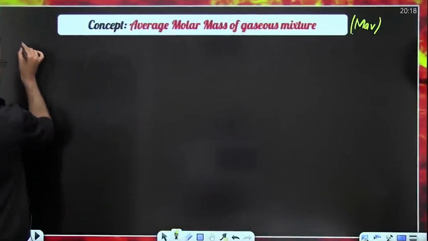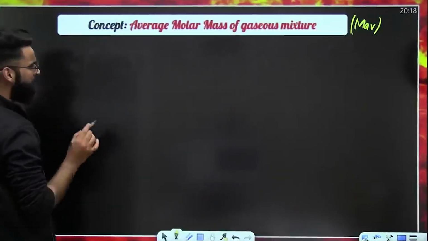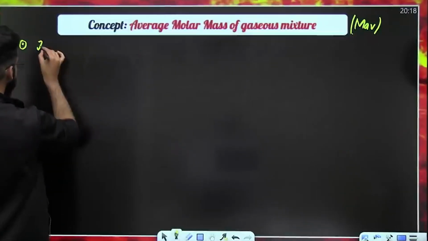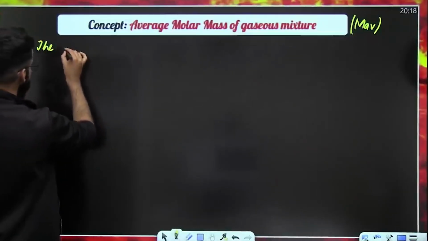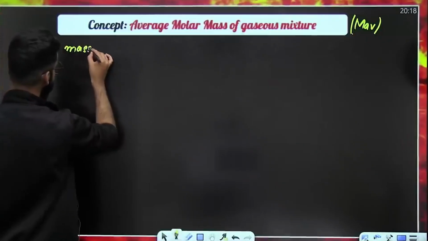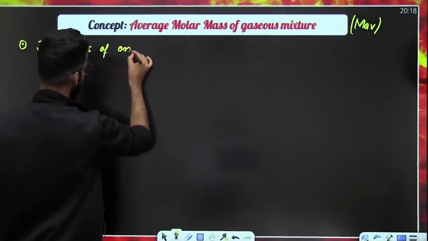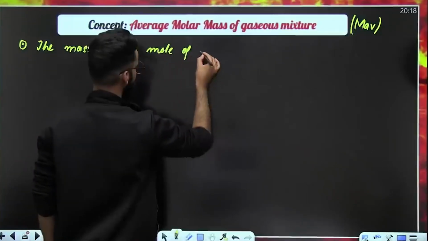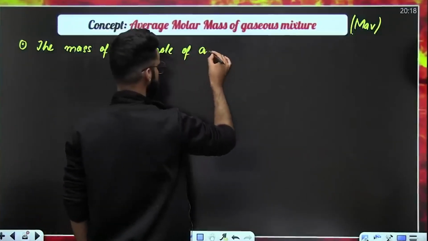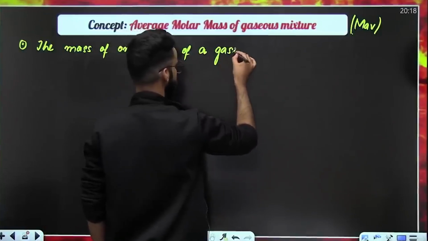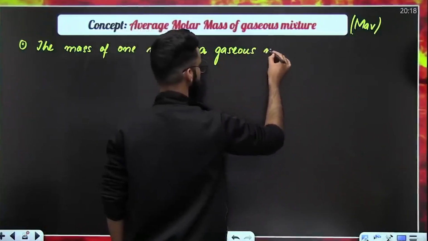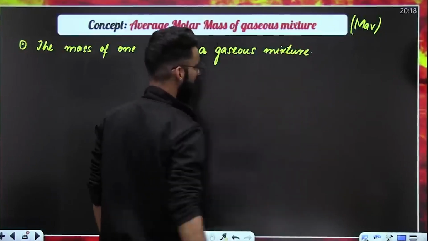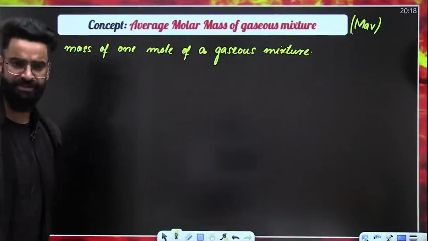My dear students, as per its definition, average molar mass of the gaseous mixture is defined as the mass of 1 mole of a gaseous mixture.